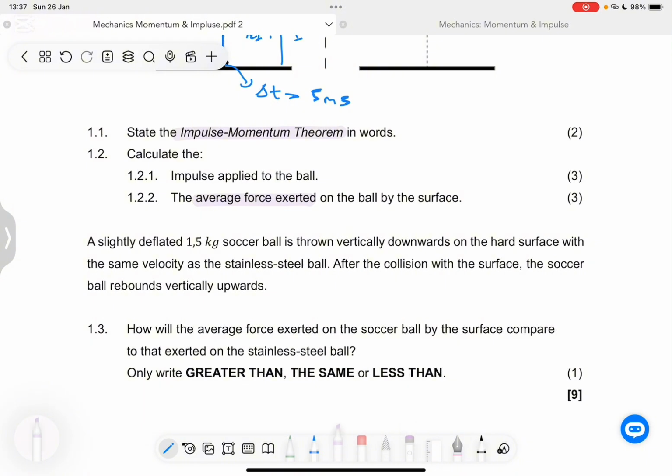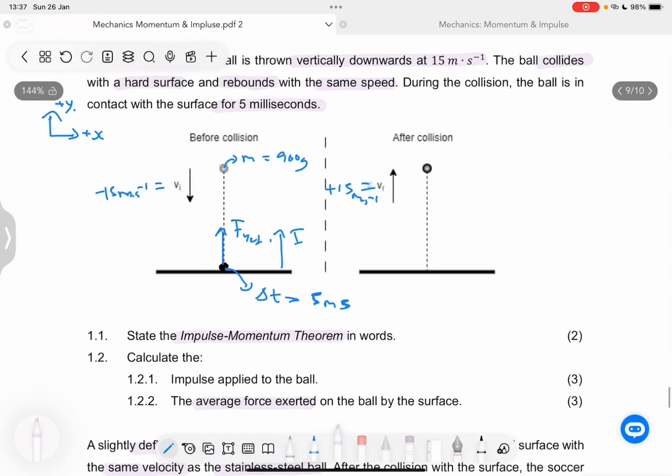They say to us that a slightly deflated 1.5 kilogram soccer ball is thrown vertically downwards on a hard surface with the same velocity as the stainless steel ball. After the collision with the surface, the soccer ball rebounds vertically upwards.